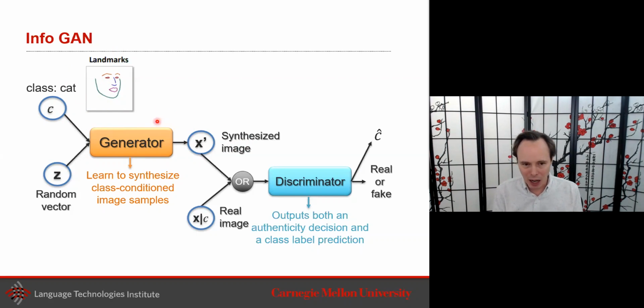The InfoGAN does it in such a way to be sure that the conditional variables C don't get ignored. At the end, the discriminator also needs to correctly classify if it's a cat, or it could also be a regression task if it's a landmark.